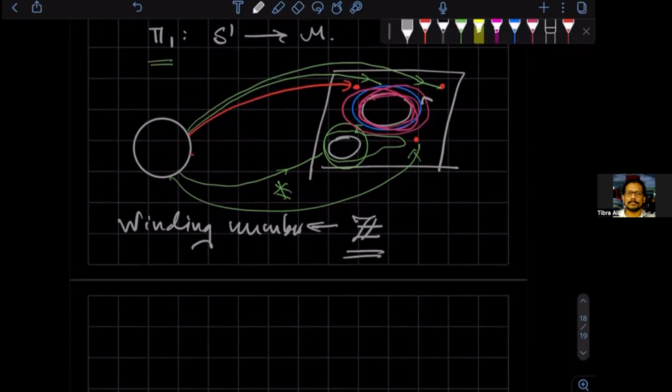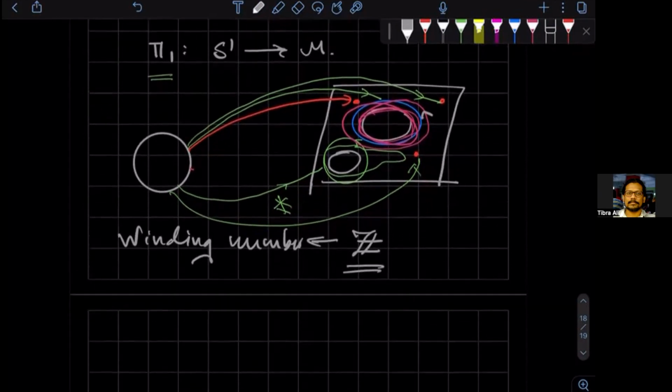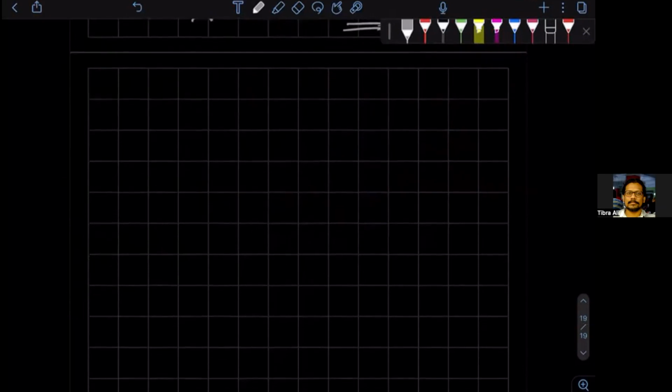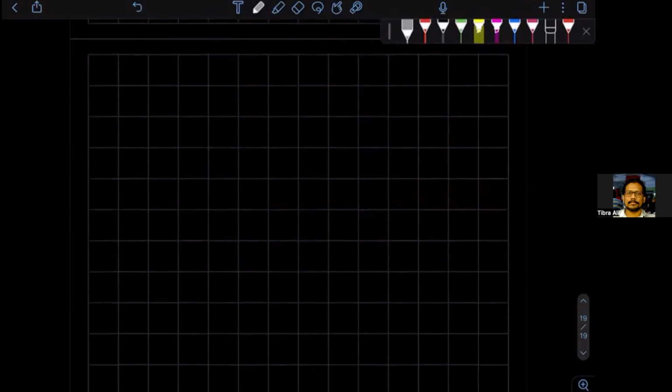So basically, this is what a homotopy group measures. A homotopy group measures classes of maps which are equivalent to each other under continuous deformation.